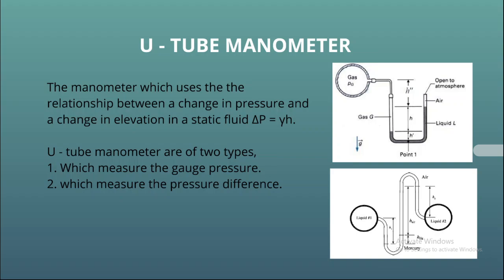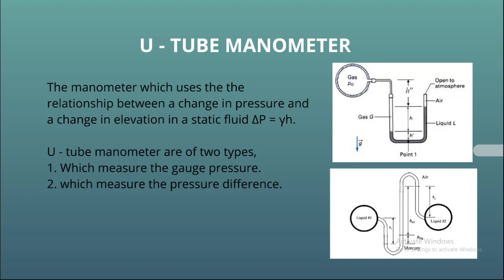I mean, what is the difference between one part of the process and another part of the process? So it will give you a pressure difference, or differential pressure reading, in that manner.